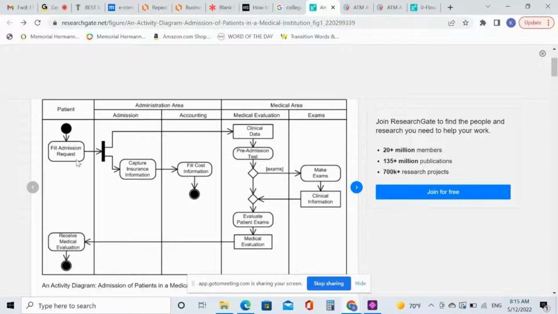Yes, the first time they create a unique patient ID so that every time you visit, they will link it to that. Good, go on. Next is admission and accounting. Yeah, we have to pay the bill. Not the bill, that's not the bill, capture the cost information.